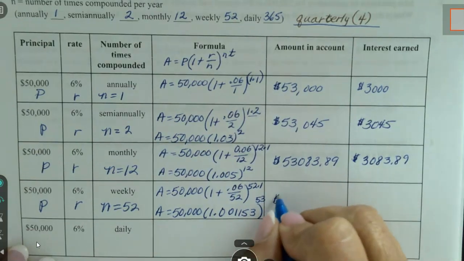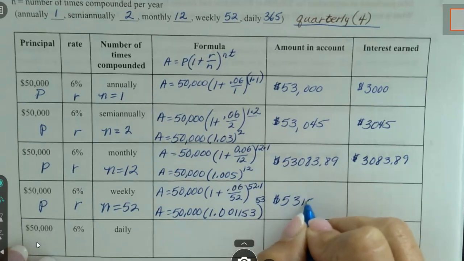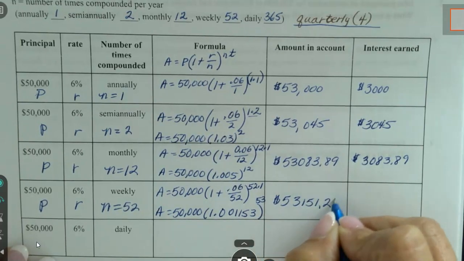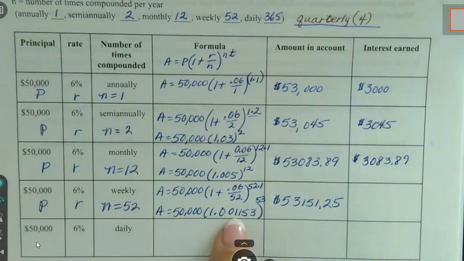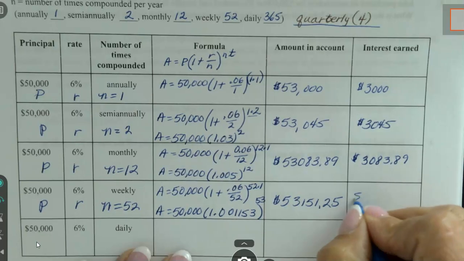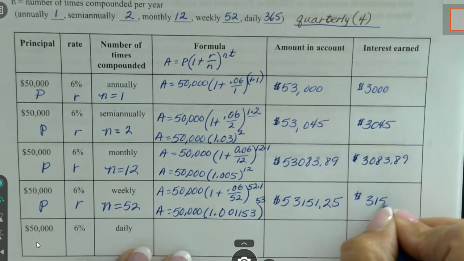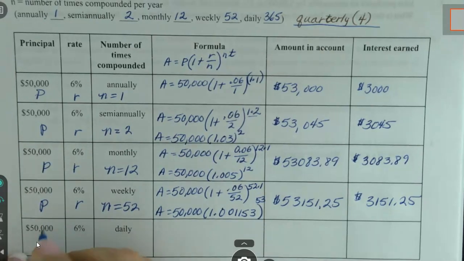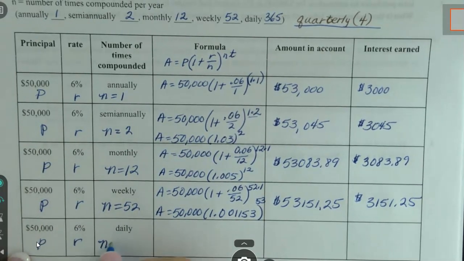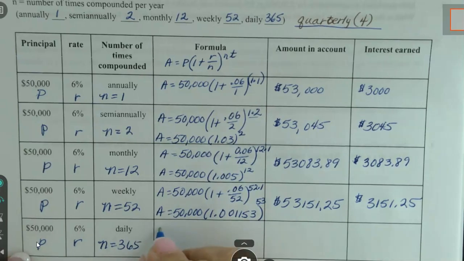So now I have in this one $53,151.25. And again, I left that actual value, the whole decimal value, in my calculator. So this time I've earned $3,151.25 in interest. Okay, and then the final one would be daily, 365.